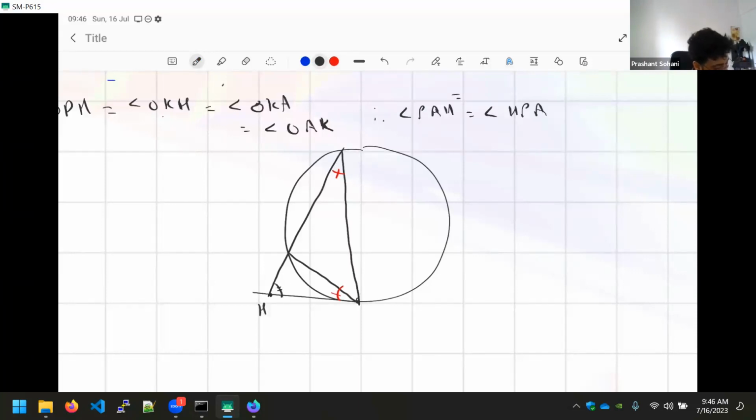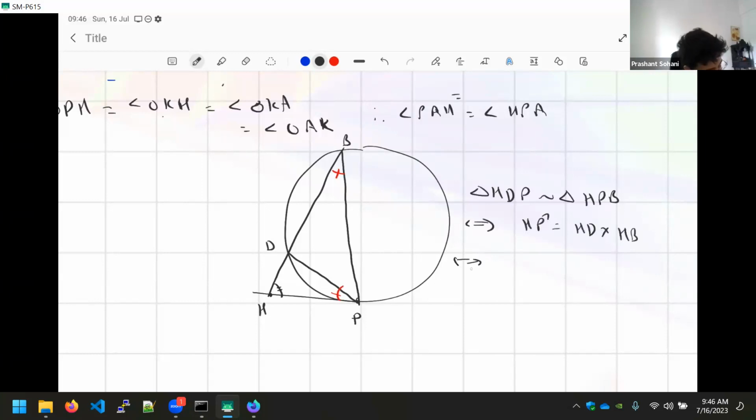So in fact, what I get is triangle HDP is similar to triangle HPB. So these three or four things are all equivalent. Saying that triangle HDP and HPB are similar is the same as saying that HP square is equal to HD into HB.